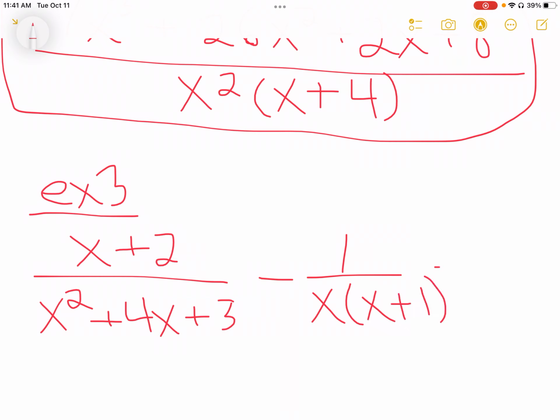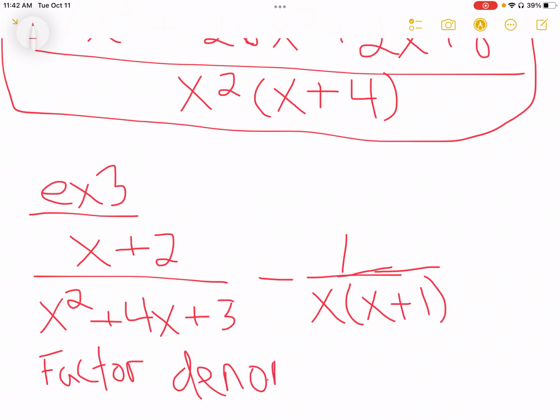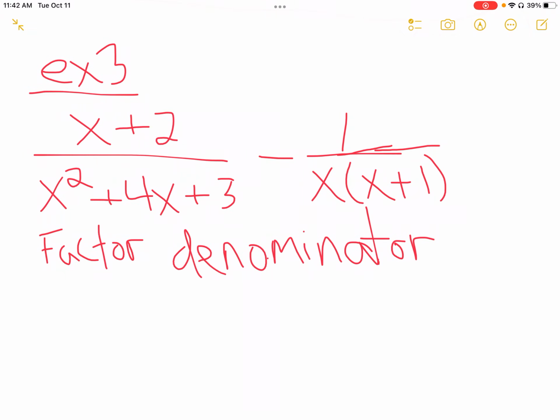Okay, so now when we're identifying the LCD, you're like, oh man, this is not really easy, right? Because we want our denominators to be the same. So now we have to factor our denominators. So remember we actually just learned this last lesson, right?